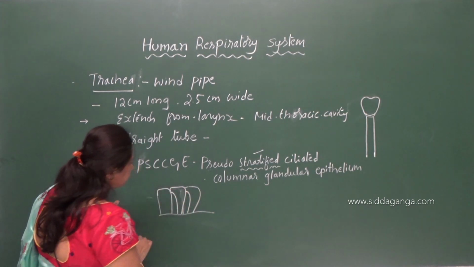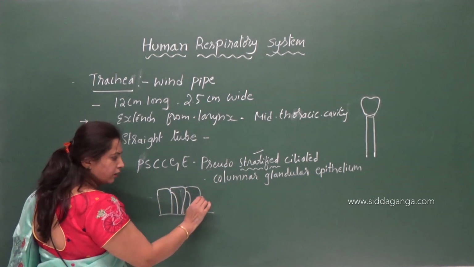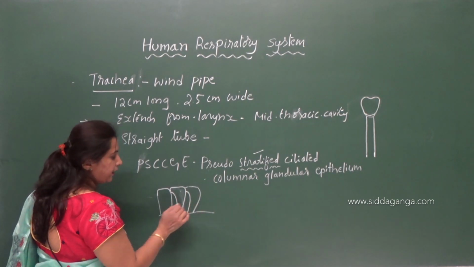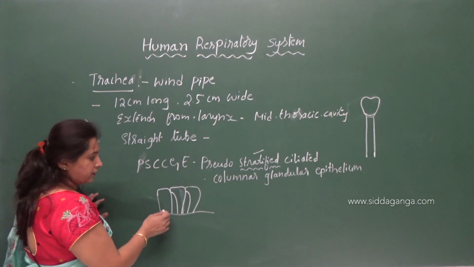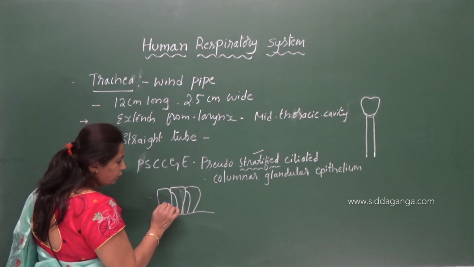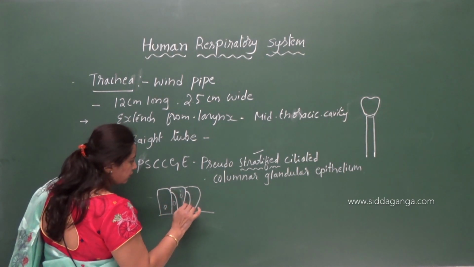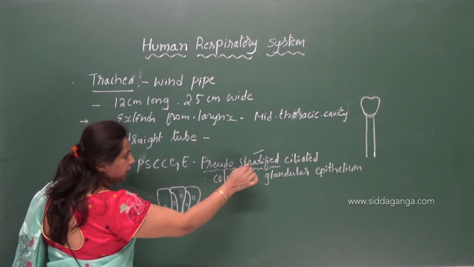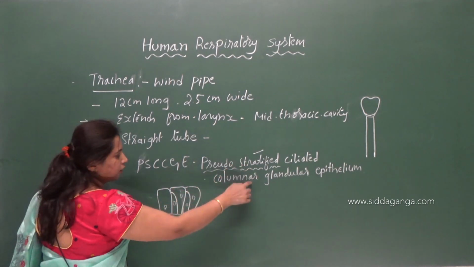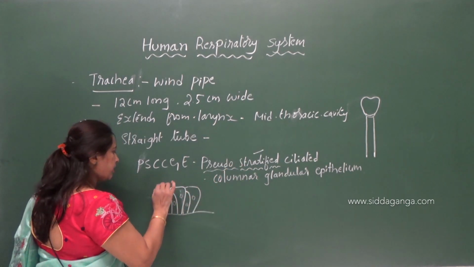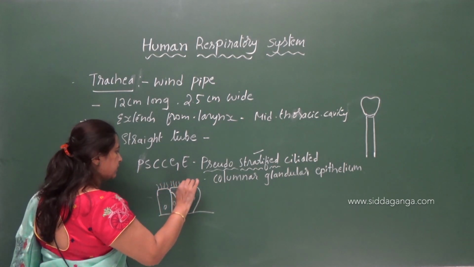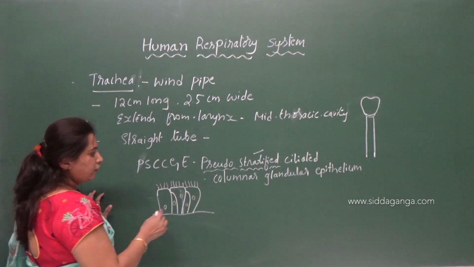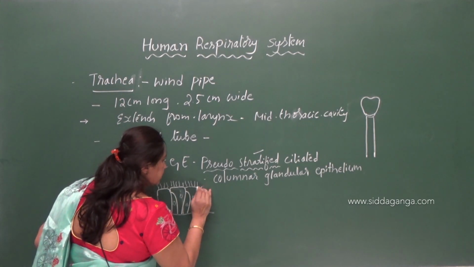See here, it is pseudostratified. This epithelium is not present in many layers. It is a single layer only, but it looks like many layered because of the difference in the size of the cells. The cells are placed at different heights so that it looks multi-layered. That's why it is called pseudostratified epithelium. Ciliated columnar: these are the columnar epithelial cells. If the columnar epithelial cells have cilia on their outer surface, then it will become ciliated columnar epithelium. Glandular: here mucus secreting cells are also present.